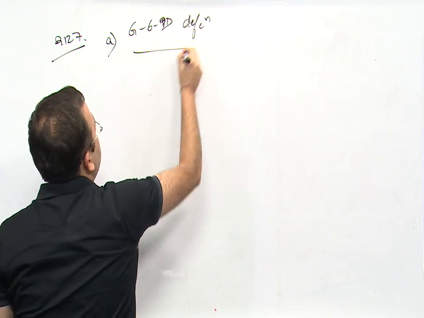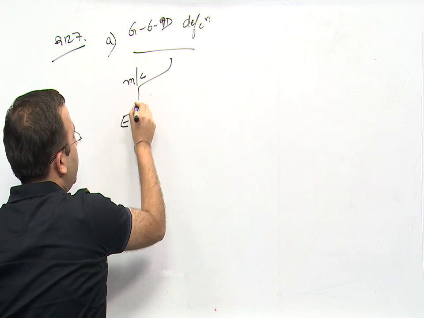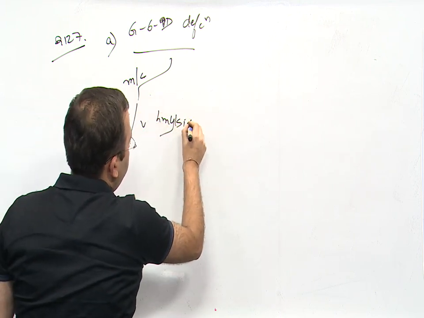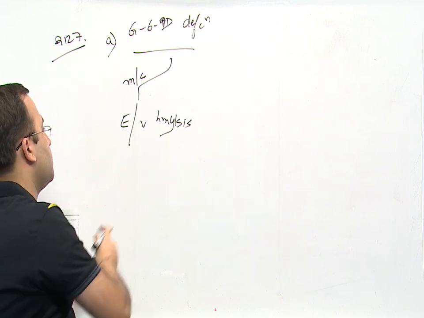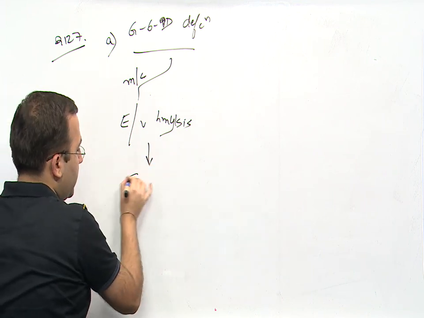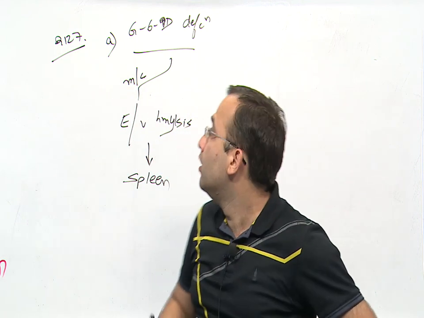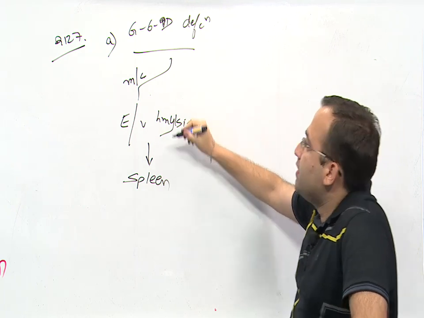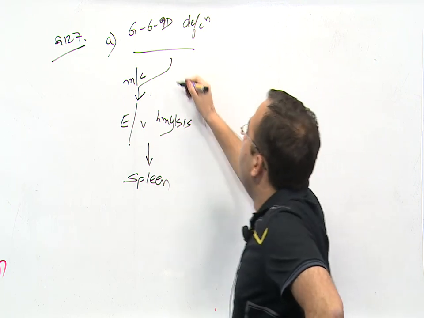G6PD deficiency most commonly causes extravascular hemolysis, and the main site of hemolysis is the spleen.